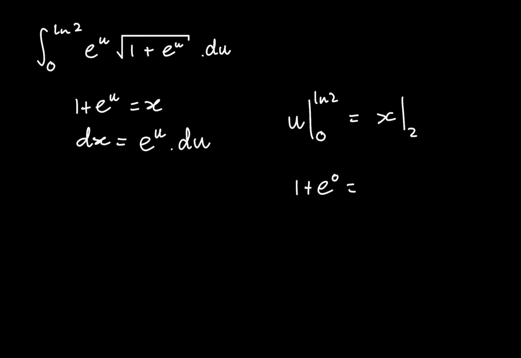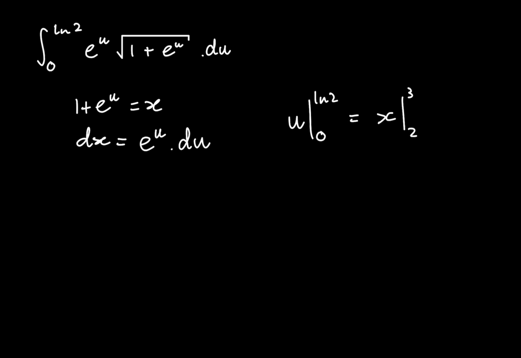And then we substitute in 1 plus e to the power of the natural log of 2, because these are now our new limits of integration that we're working out, which becomes 1 plus 2, which is 3.